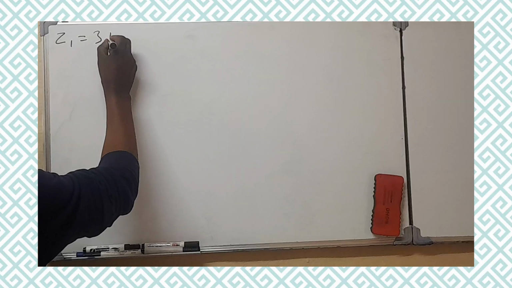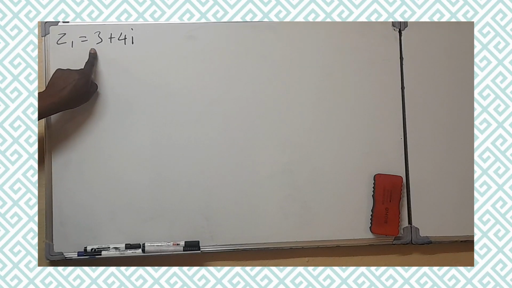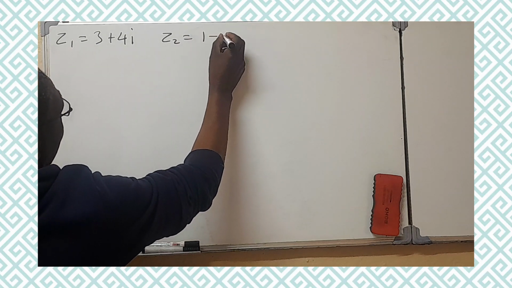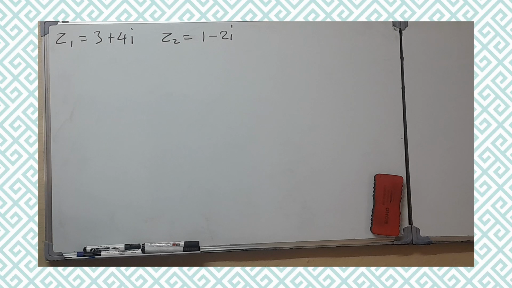So let's suppose we have a complex number Z1, which is equal to 3 plus 4i, the real part and the imaginary part. And another complex number here, Z2, which is equal to 1 minus 2i. So there are our two complex numbers.